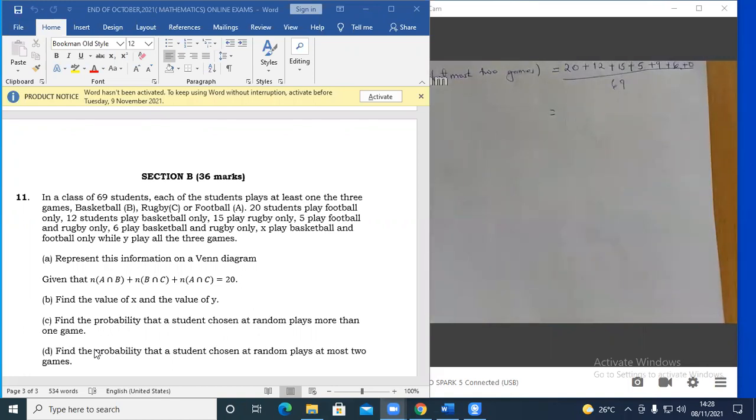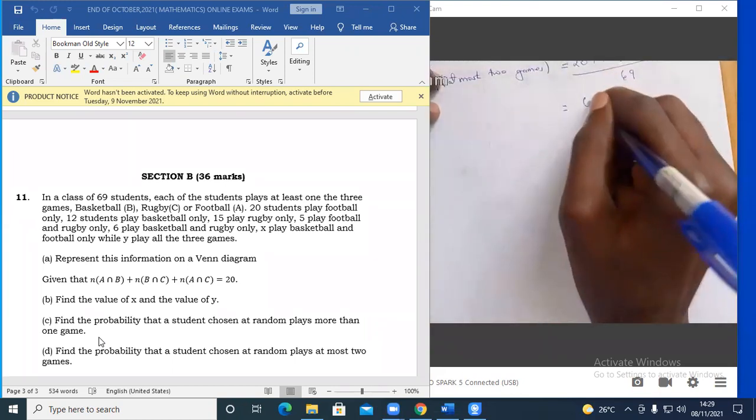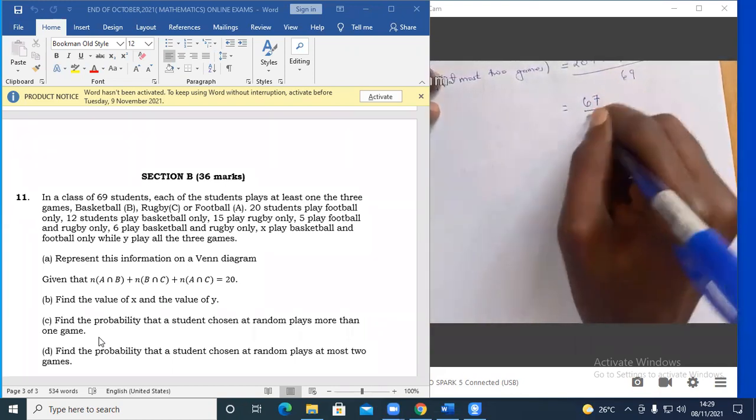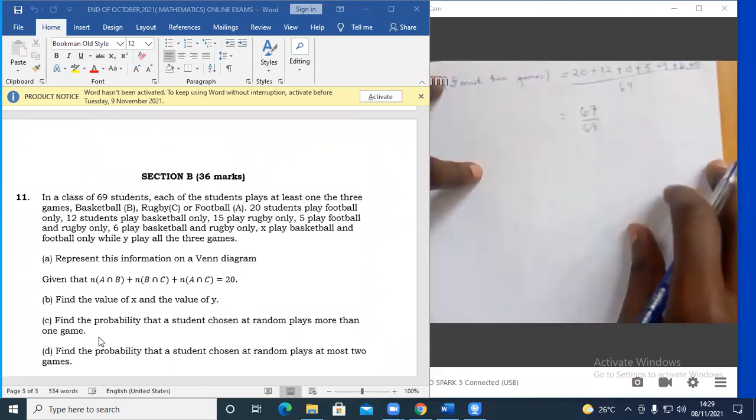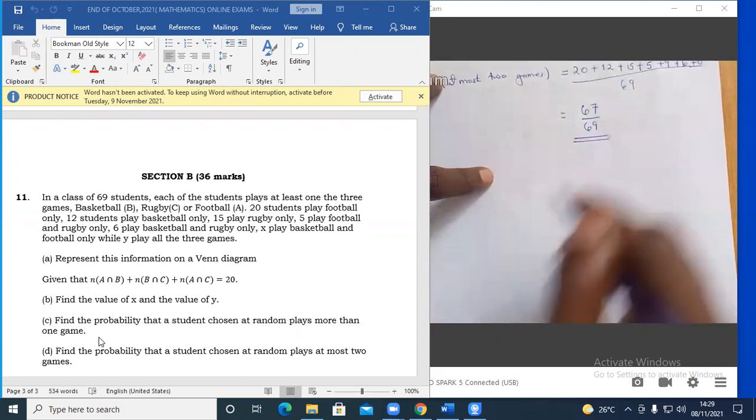We shall have 20 plus 12 plus 15 plus 5 plus 9 plus 6. Members, what do you have? 67. So 67 over 69. Are there common factors there? No. You leave it like that.